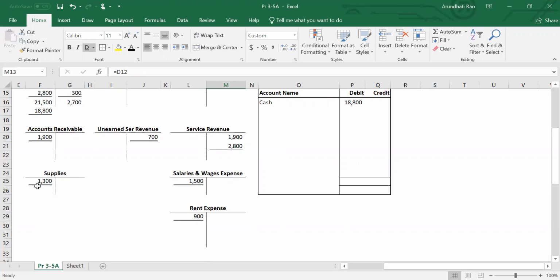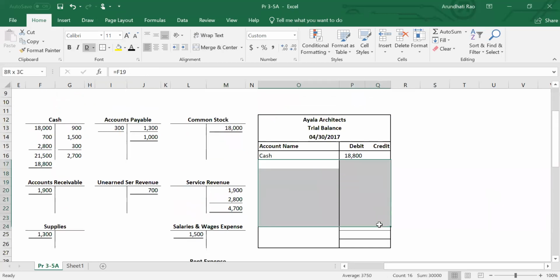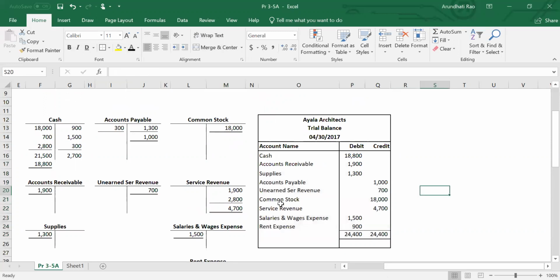Supplies, 1,300 debit. Rent expense and salaries and wages expense, there were only 1 debits over there. Service revenue, we had 2 credits, you add those up and that's the balance. I'll bring all of the numbers over. I bring all these accounts over. I'll put them appropriately in the debit or the credit column depending on where their balance is.